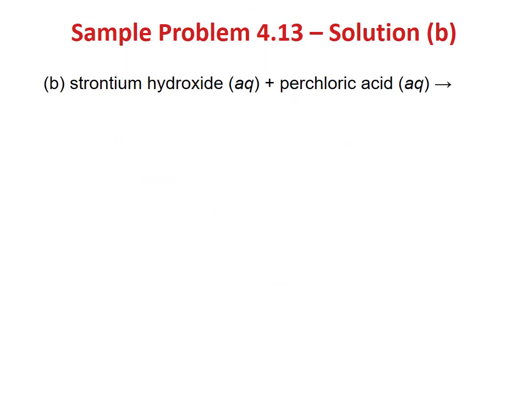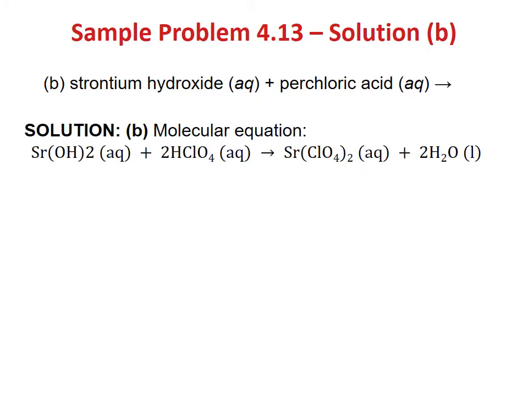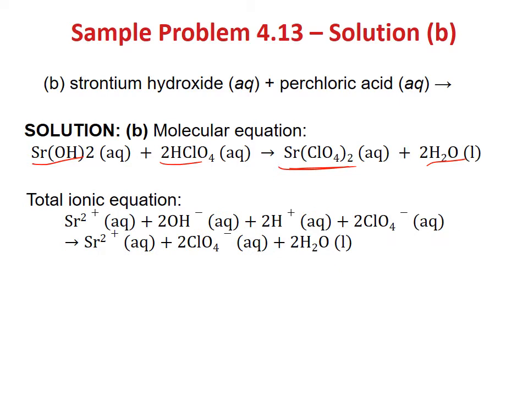B. Strontium hydroxide and perchloric acid. Similar to the last question, we write strontium hydroxide plus perchloric acid forms water and the salt, in this case strontium perchlorate. And also we notice this is a strong base, a strong acid, and a strong electrolyte. So we write all the ions: strontium ion, hydroxide ion, hydrogen ion, perchlorate ion, strontium ion, perchlorate ion, and water kept as the formula because it's a weak electrolyte.